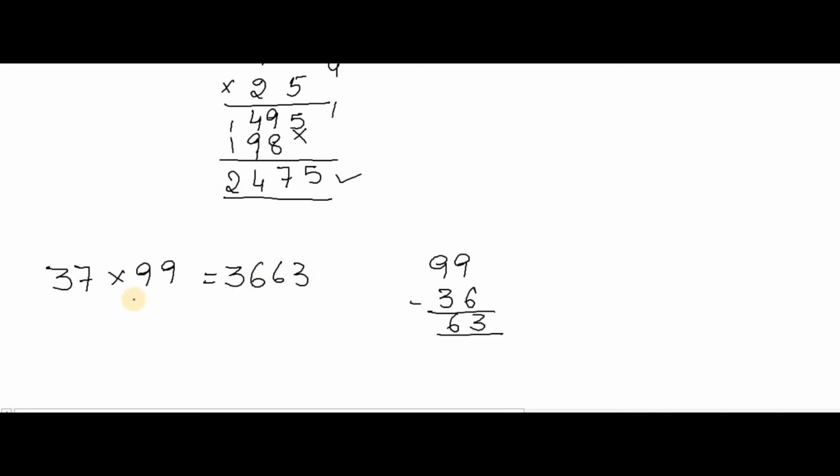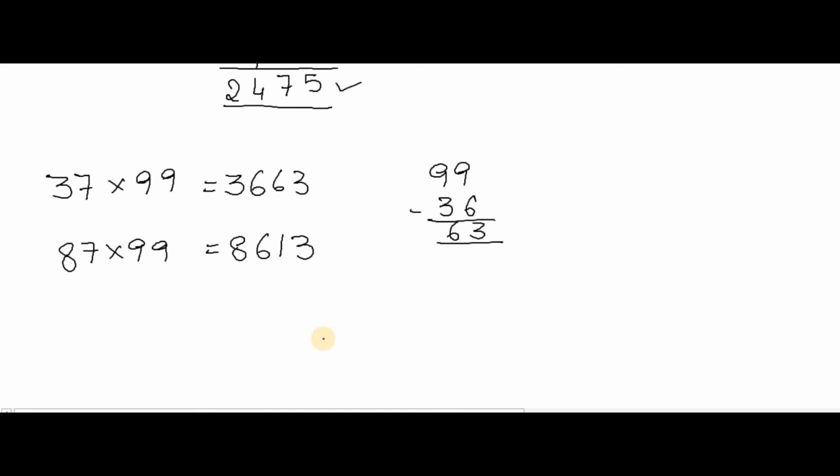And for example, there are so many numbers less than 99. 87 multiplied by 99. 87 minus 1 is 86, and 99 minus 86 is 13. We'll go with one more example, that is 91 multiplied by 99. 91 minus 1 is 90, and 99 minus 90 is 9.